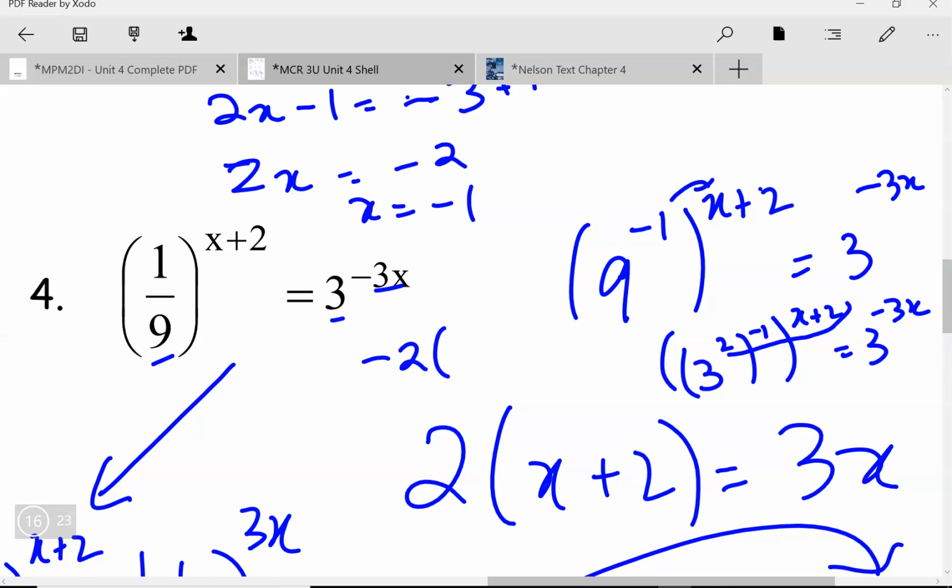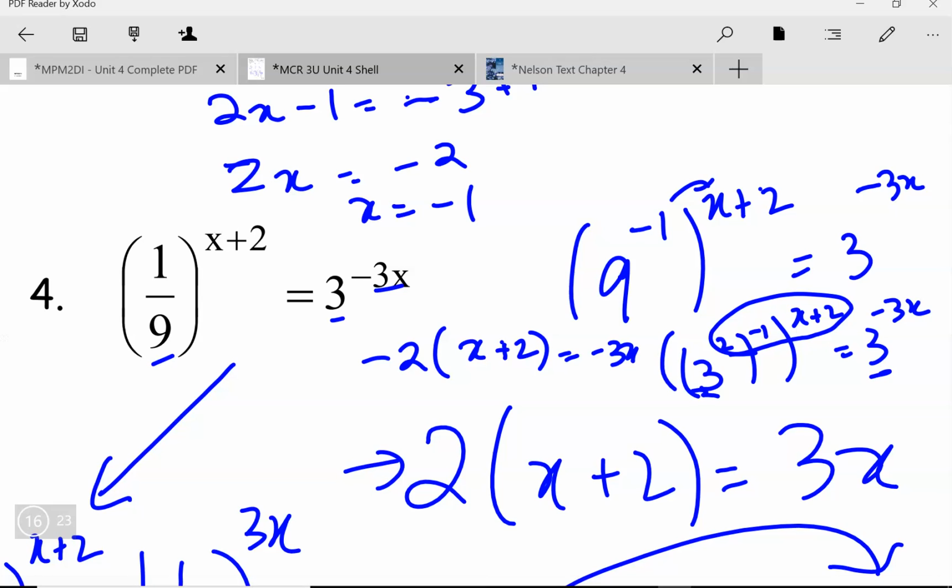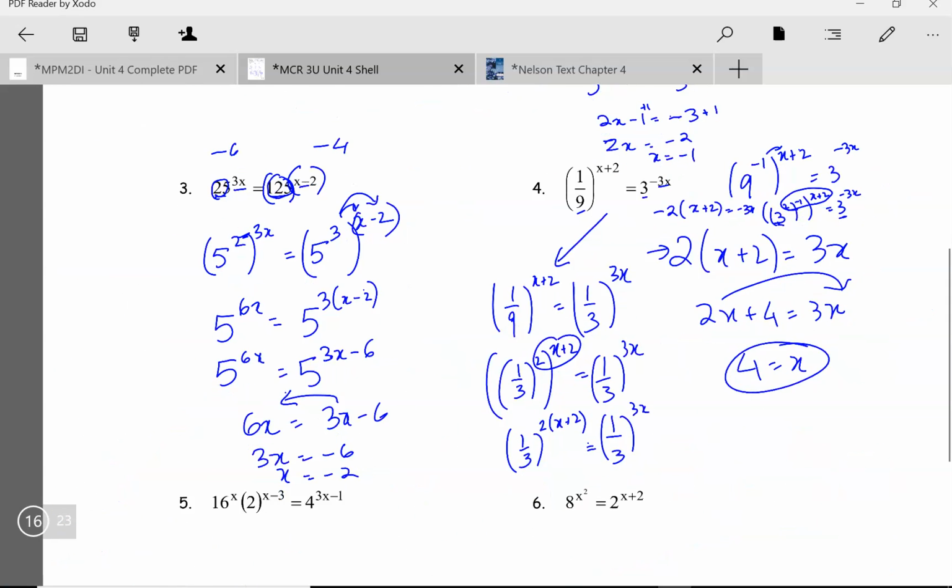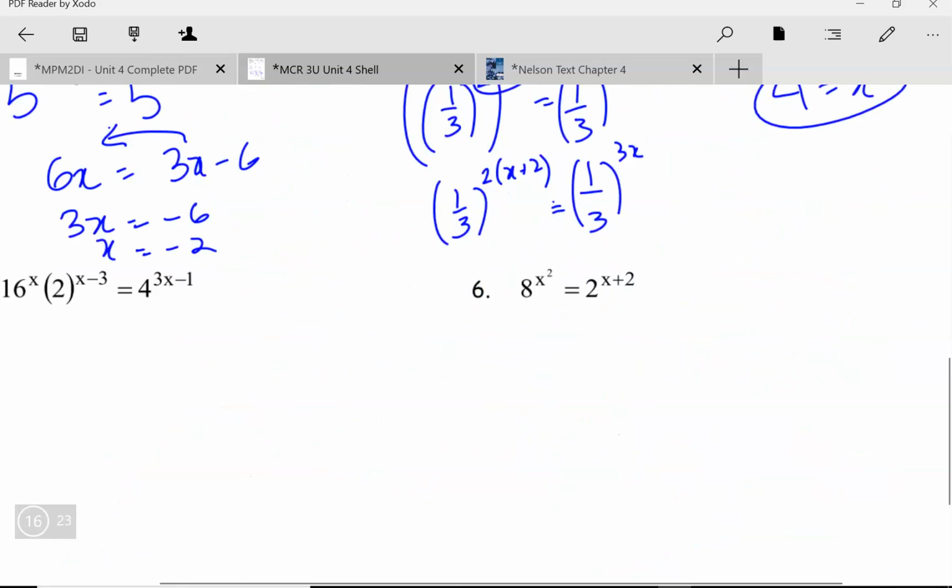So if I multiply all the exponents, negative 2 times x plus 2 equals negative 3x, because now my base is the same. And you can see that this is the same thing as here, except there's no negative signs, which of course you will remove in the next step and get the same answer. So whichever way you feel comfortable doing that is fine.